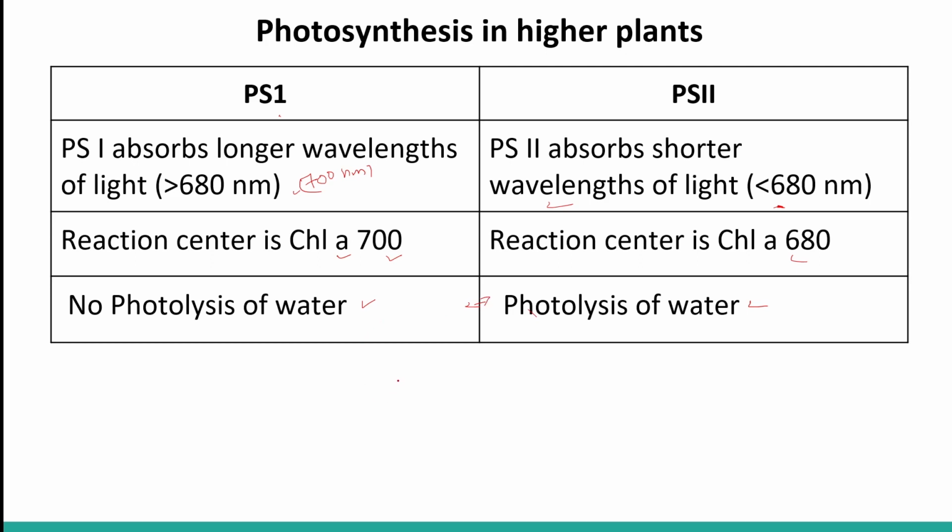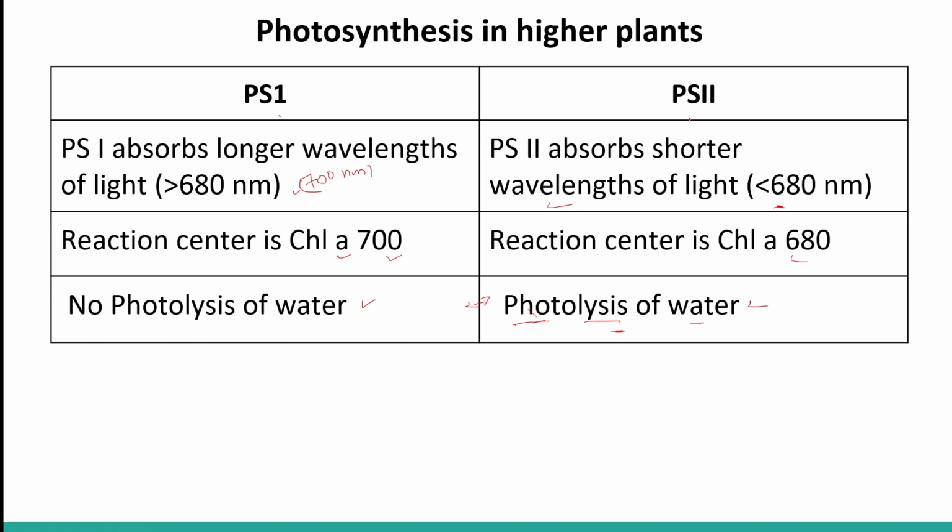So I will briefly introduce this topic, photolysis of water. As the term suggests, photo and lysis: photo means light, lysis means breakdown, so it means breakdown of water in the presence of light. This is photolysis of water. The site of photolysis of water takes place at photosystem 2.